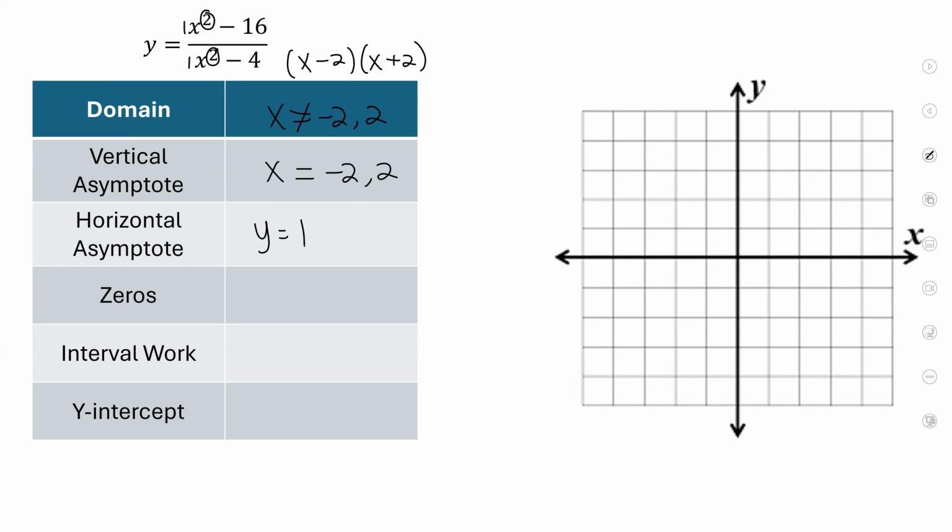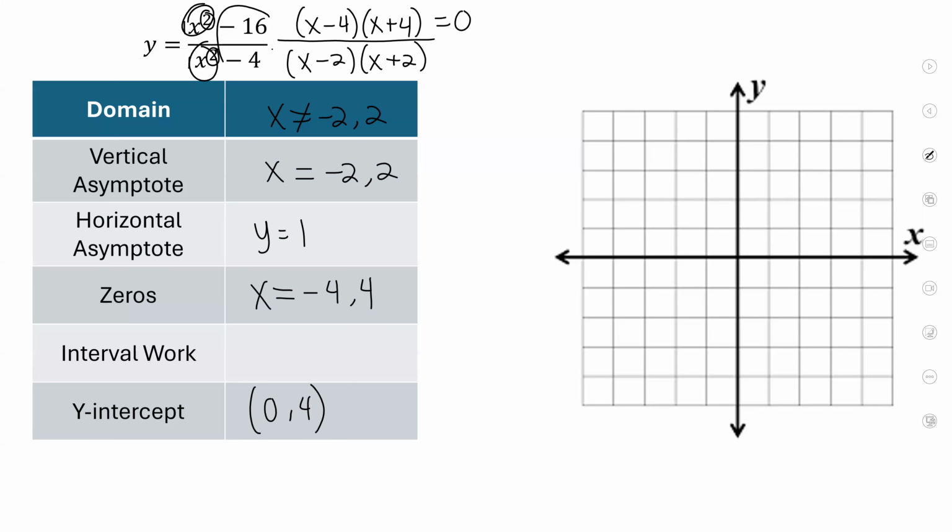The zeros, I'm going to factor the numerator so I can easily tell what my zeros will be. If I set this equal to 0 and solve, I'll know that my zeros are at -4 and +4. My y-intercept is 4. You plug in zeros everywhere, you're left with -16 divided by -4, which is 4.